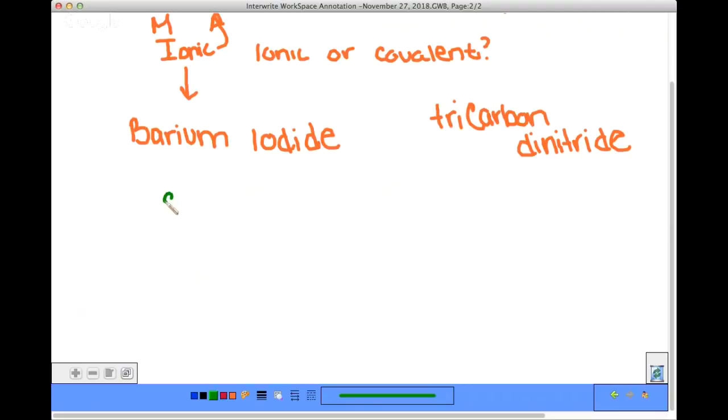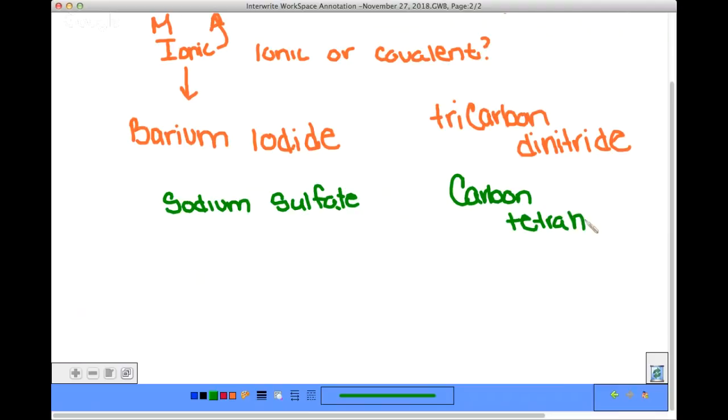Let's say that we have sodium sulfate, and I'm just trying to think of one off the top of my head, let's say that we're given carbon tetrahydride. So we're given these 2 compounds, and what we want to do is write out their chemical formulas.